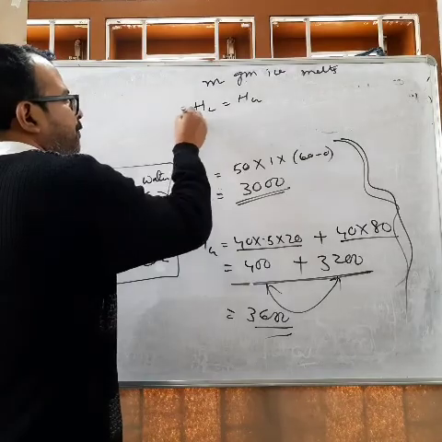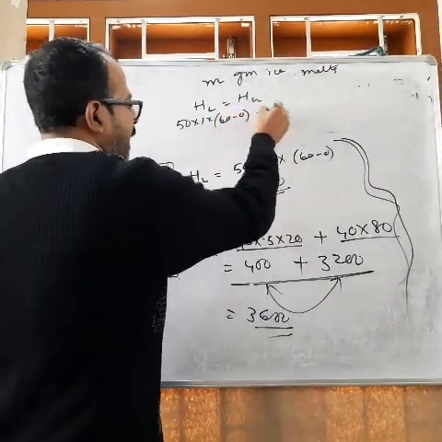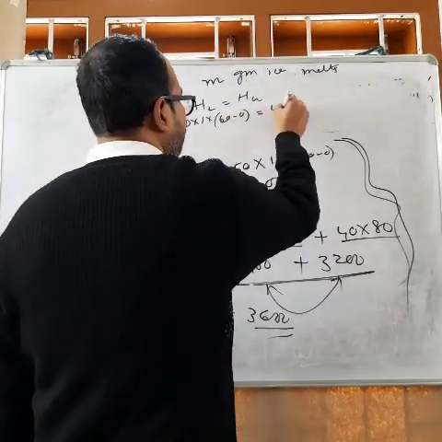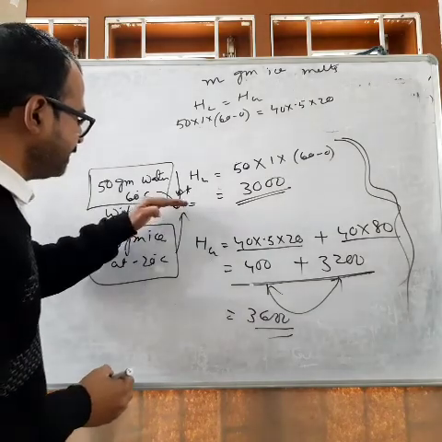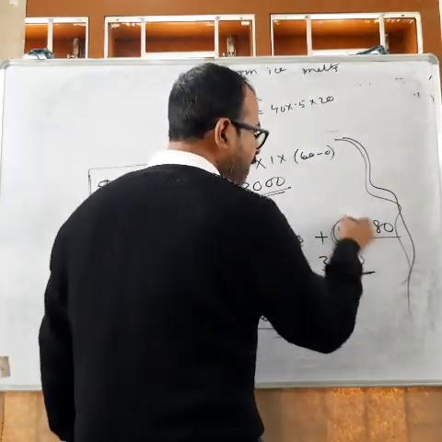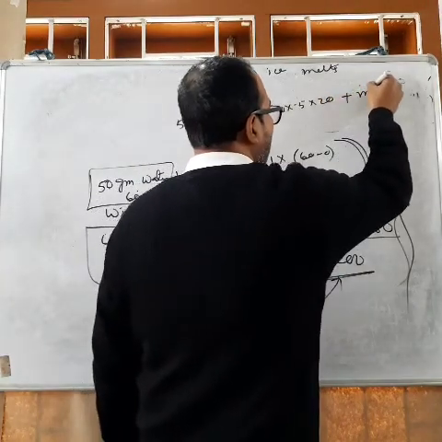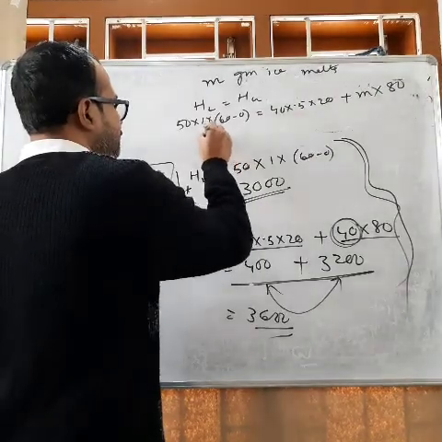So I am writing heat loss equal to heat gain. Heat loss is 50 into 1, it is cooling to 0 degree. Heat gain, first part will be there, 40 into 0.5 into 20. The whole piece of ice is heated to 0 degree C. After that, whole piece not going to melt. So 40 gram not going to melt. Instead of that, some m gram melts. Let me complete the calculation. It is 3000.